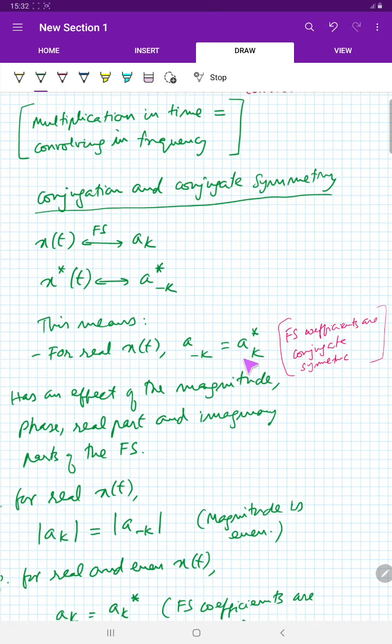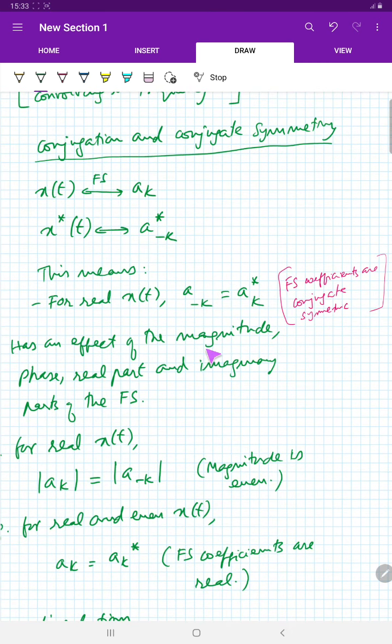So if x(t) is real, the Fourier series coefficients are conjugate symmetric, and because of this there are other side effects on the magnitude, the phase, the real part and the imaginary part of the Fourier series.